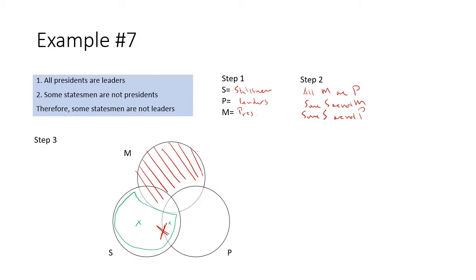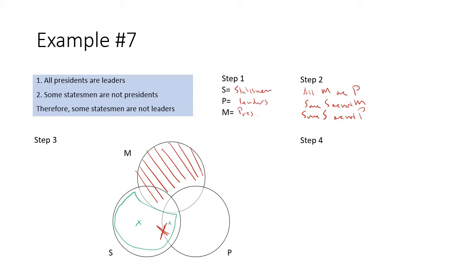You just don't know. So in situations when that happens, your argument, whatever the conclusion ends up being, is invalid. That's because the X could be in the right spot, but it could also not be in the right spot.